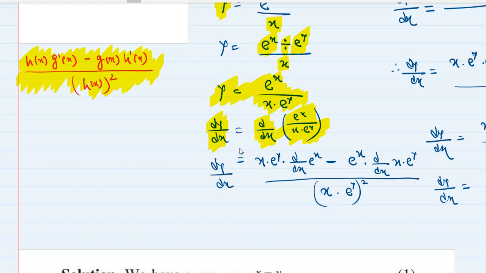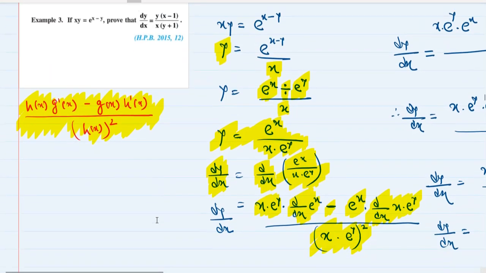On application of the quotient rule, what I get is denominator multiplied by the differentiation of numerator minus numerator multiplied by the differentiation of denominator, the whole upon the square of the denominator, right? Okay.